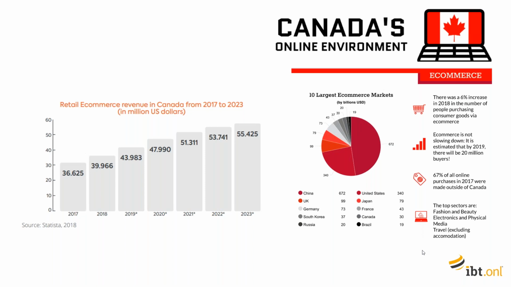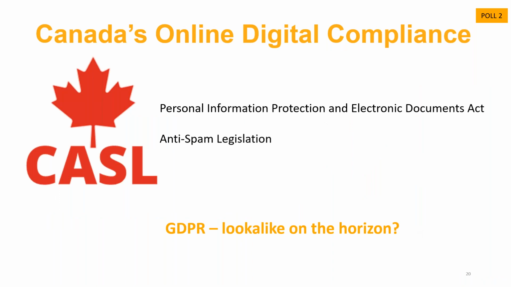So one last thing about the general perspective of Canada online is the digital compliance. Digital compliance really took a big step forward and then just sort of sat there not doing much. Canada introduced something called the Canadian anti-spam legislation early on, and it applies to absolutely everybody, people, companies, and so on.